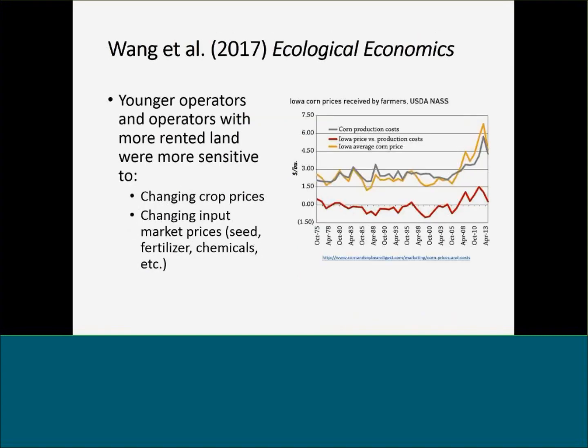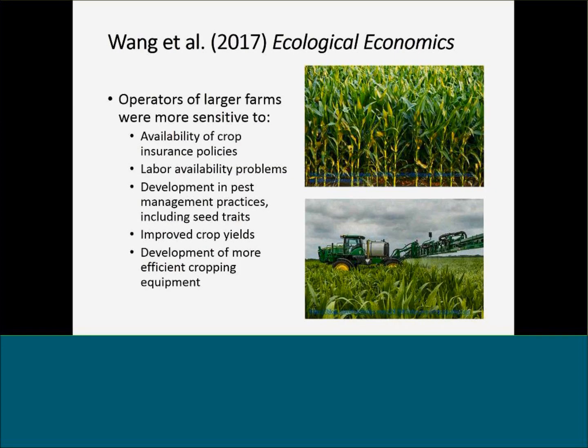Similarly, if we look at younger operators and operators with more rented land, they were much more sensitive to changes in crop prices and also changes in input prices. So looking at these responses, we can start to come up with some understanding of why larger farms may be more likely to convert grassland to cropland.